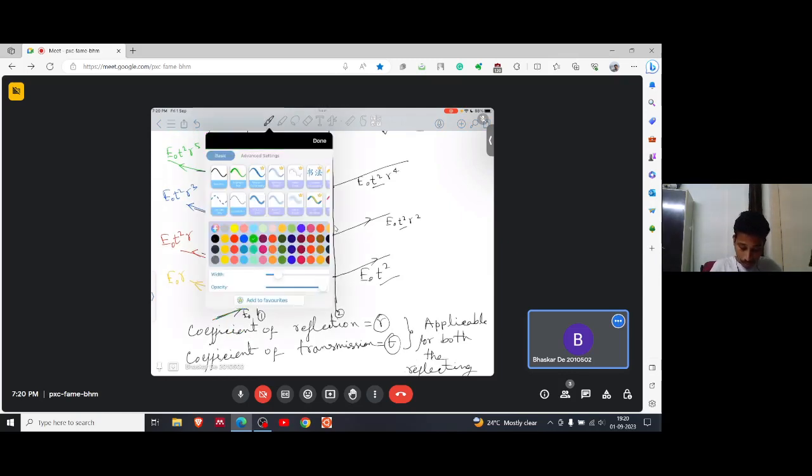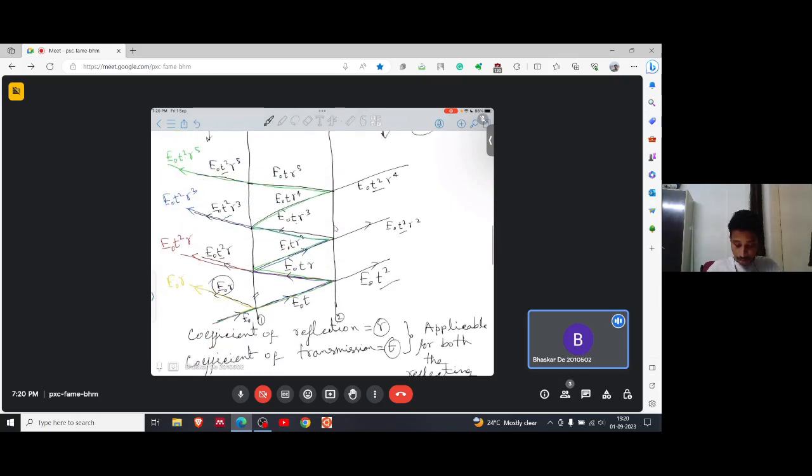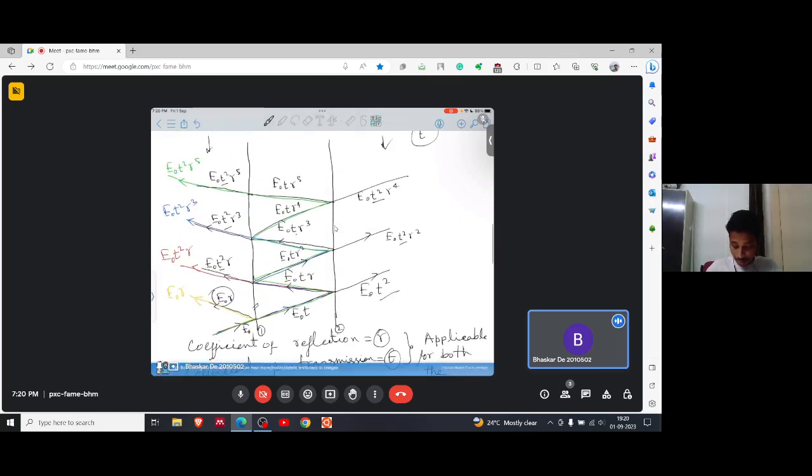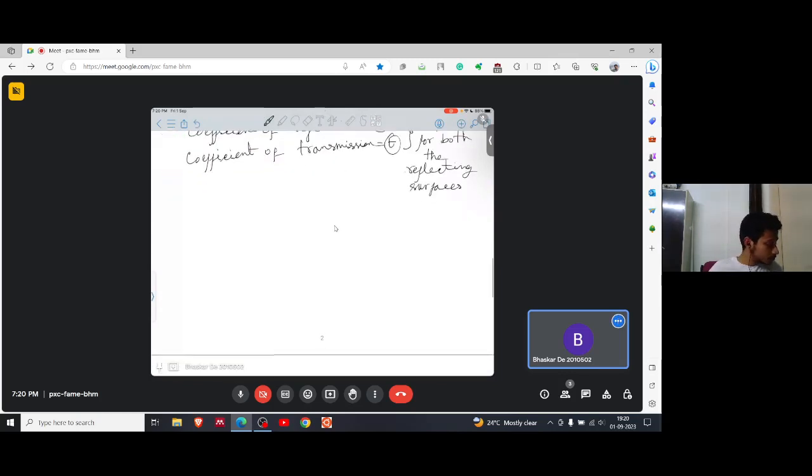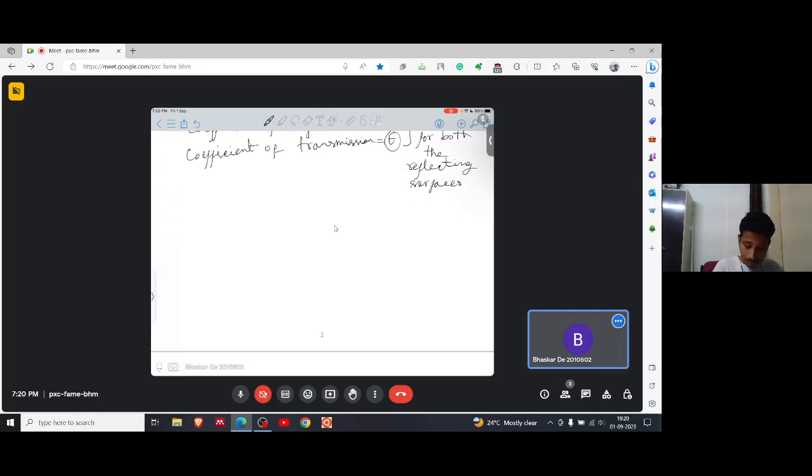So similarly, if we think about the transmitted beam, then we will add the amplitude of these particular beams. So now we can sum up all the transmitted amplitude as Et.